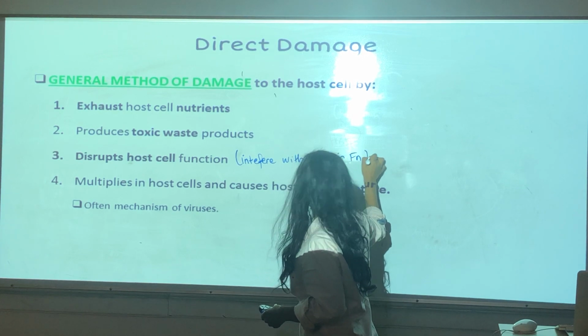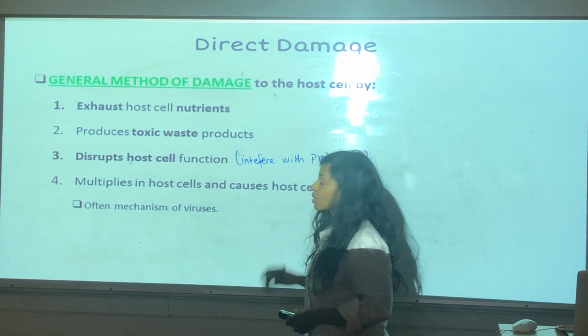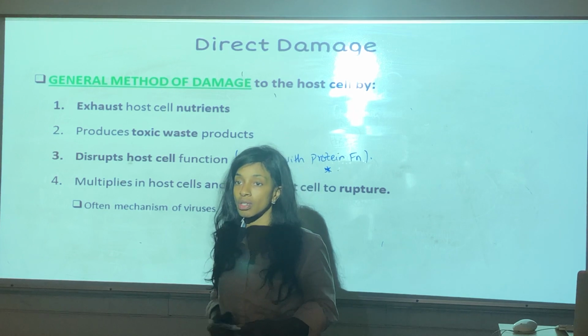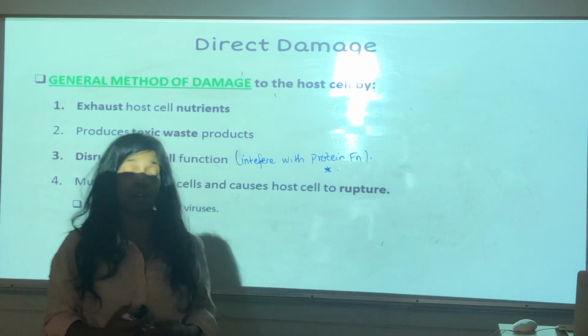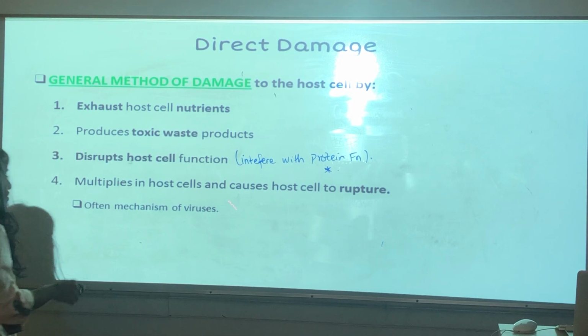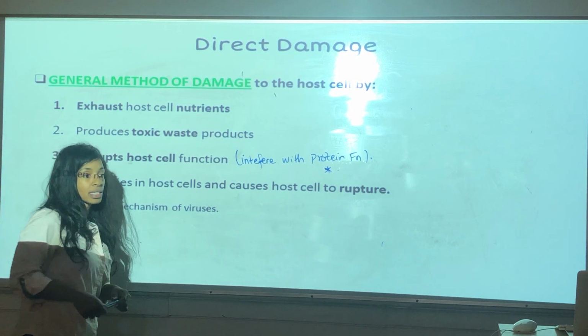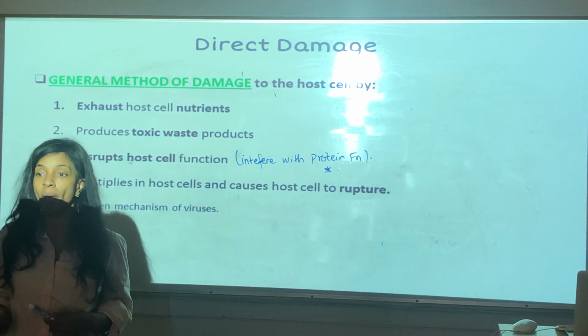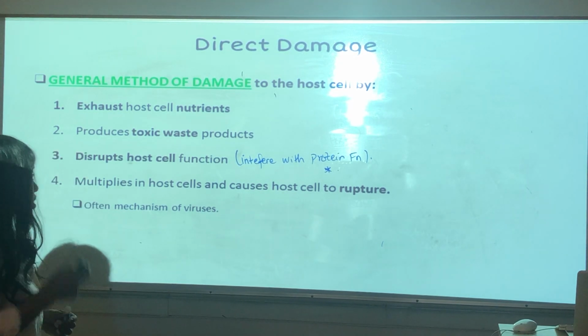Right, so remember, proteins are the workers of the cell, right? Without protein function, then the cells won't work so well. So they're damaging the cells. And some organisms are able to multiply in whole cells and cause the cells to rupture, right? So many parasites, including viruses, right?